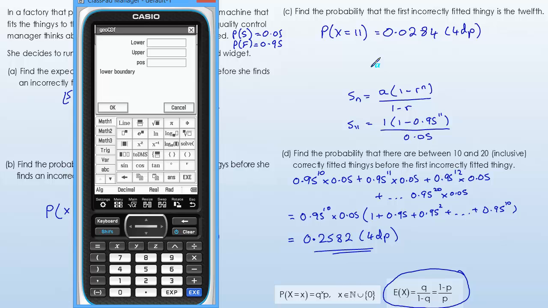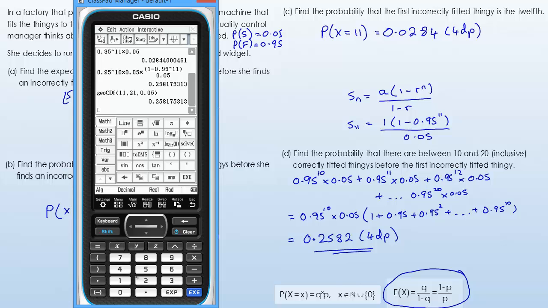It seems to count the success as well, not just the failures on the calculator. So we're going to have to do this as from 11 to 21. And we know our success was 0.05. And this should give us the same answer. And indeed, you can see that it has.